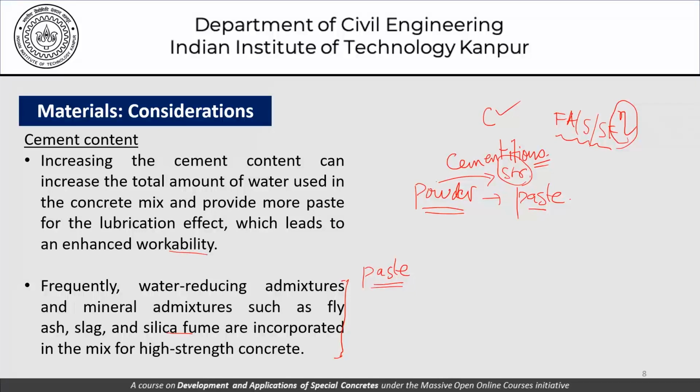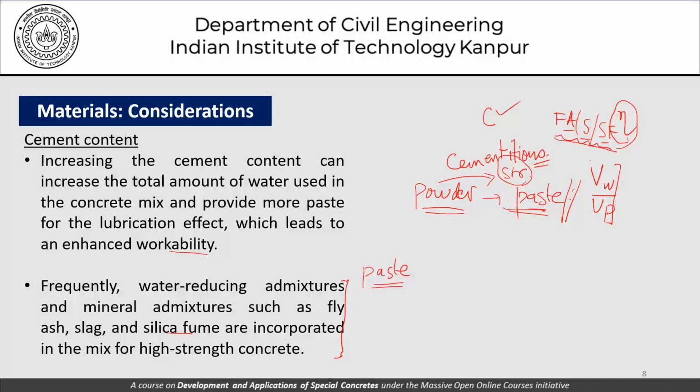But having said that, the whole contribution, that is the entire fly ash amount or the slag amount or the silica fume amount, does contribute to the paste content as far as the concrete is concerned, and therefore the properties of fresh concrete, which are governed by the powder content and the paste content. We had talked extensively about the volume of water to volume of powder ratio kind of discussion.